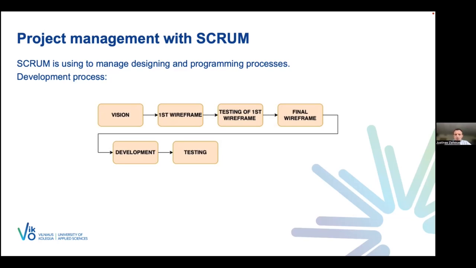If some updates are needed, then the user interface is updated. Then the final user interface design can start to be developed into a screen with all logic. After the development process, we have a testing phase.